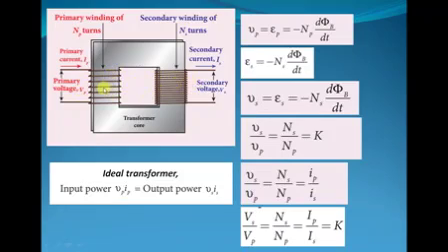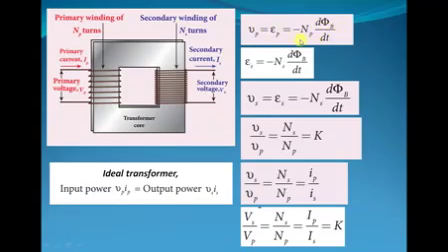The EMF induced in the primary coil is epsilon P, and the EMF induced in the secondary coil is epsilon S. The EMF induced in the primary coil is always equal and opposite to the applied voltage. The applied voltage we have taken as Vp. That is, Vp is equal to epsilon P, which is equal to minus Np d phi B divided by dt.